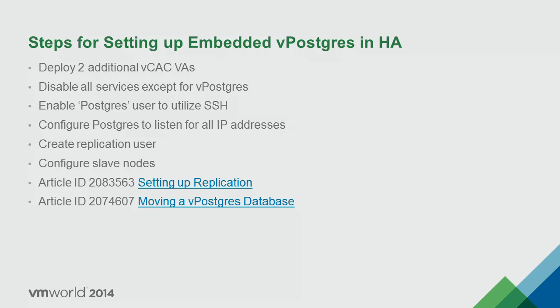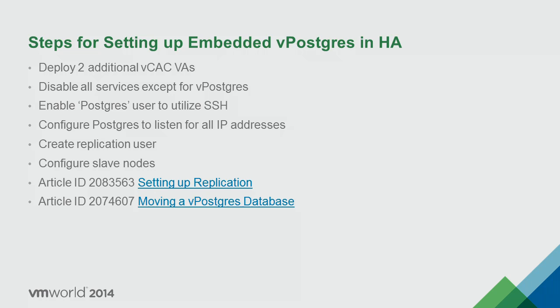You have to configure Postgres to listen. Right now, it's configured to just listen on the internal appliance IP, so you would have to configure it to what IP addresses you want it to listen for. And you also have to create and configure a replication user. And then finally, there's configuring of slave nodes. And again, we have 2 articles to help with this setup.